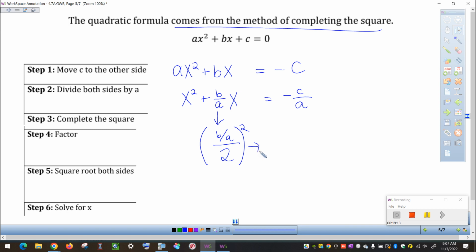Now, b divided by a divided by 2, it looks like the b is being divided by 2 things. Well, mathematically, what we can do is just keep the b up on the numerator. Because it's dividing by both 2 and a, we can just put the 2 and a both together down here on the denominator. So that would be our in-between step.